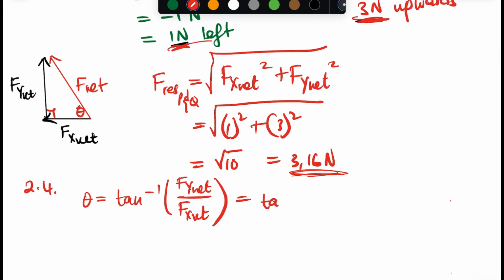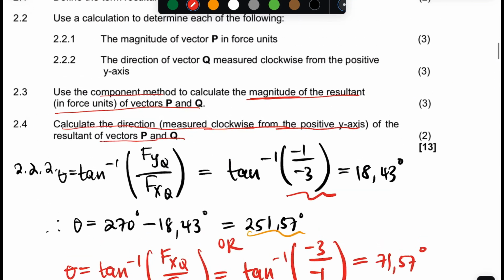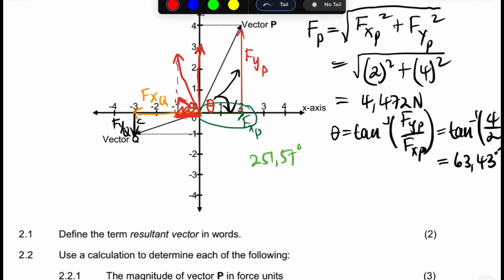So it's 3 divided by negative 1. When you punch that in the calculator, you will get negative 71,57 degrees. So what is the 71,57? It's this angle right here. So you will say 270 plus this angle that you just calculated, and it will give you the entire angle, that's the bearing.